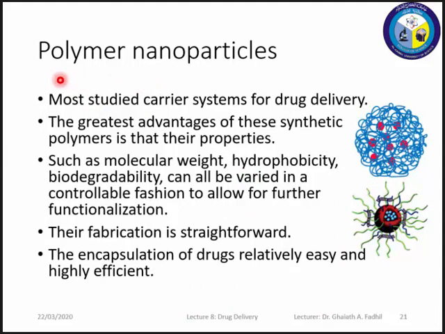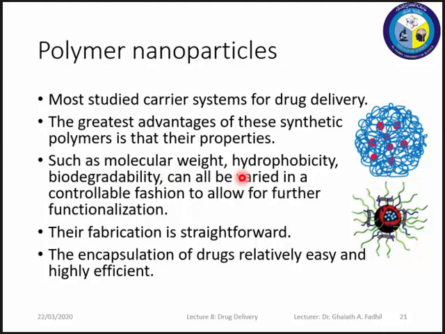The other type is the polymer nanoparticles, which are mainly composed of polymer materials in chains circulating the drug. They are one of the most studied carrier systems for drug delivery. They are the most studied because polymers are very favorable: we have many options to use different kinds of polymers, and they have other properties like their molecular weight.